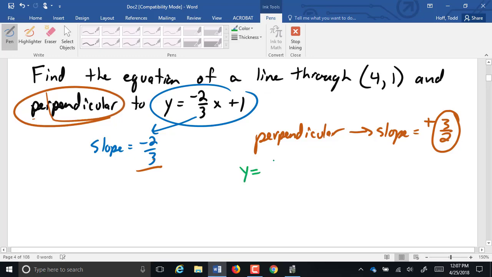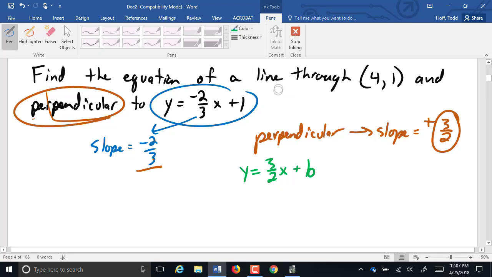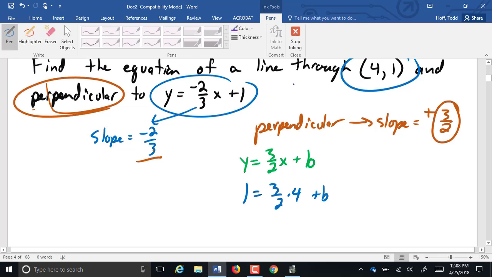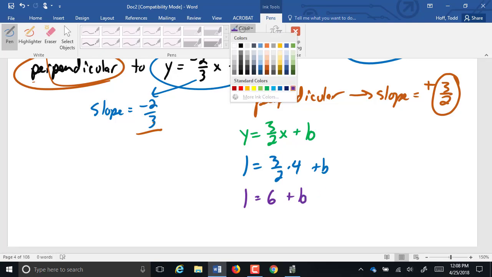So we'll start out with y equals 3/2x plus, we do not know the y-intercept, so we put in b. We'll use our point 4, 1. 1 goes in for y. 4 is going to go in for x. So now we have 3/2 times 4 is going to give us 6 plus b, and we solve for b.